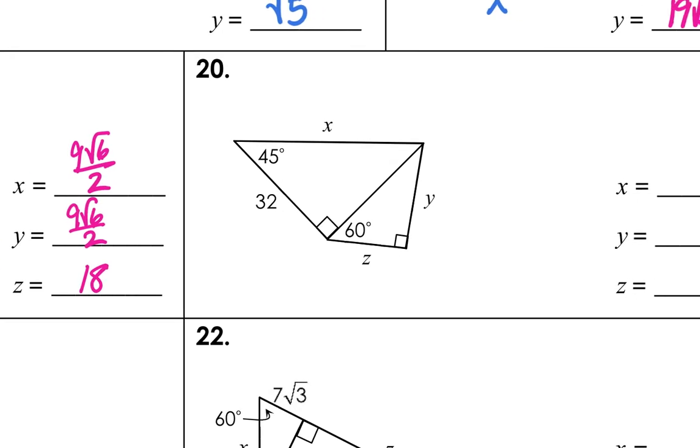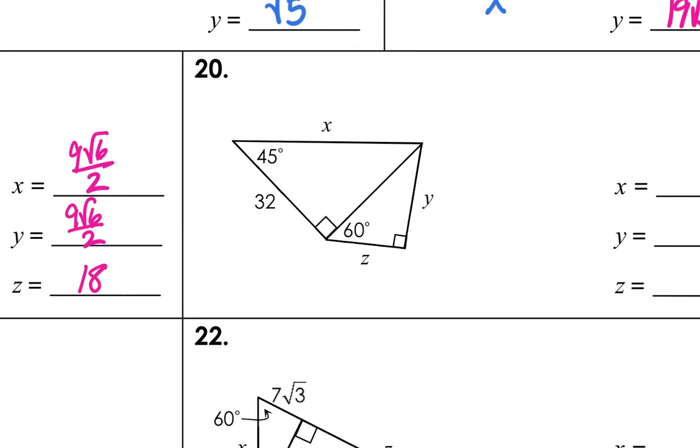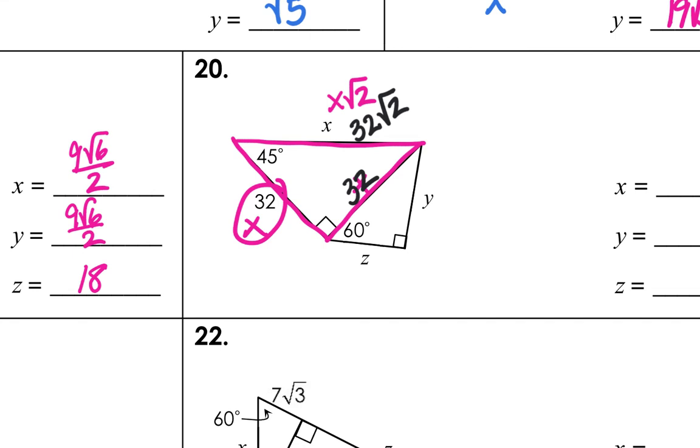All right. In number 20, I know something about the 45-45-90, so I will do that one first. So this is x, this is x, this is x square root of 2. Well, since x is 32, that means this side is 32, and this side is 32 square root 2. Now if I label this triangle, this is x. Now this is 2x, and this side is x square root of 3.